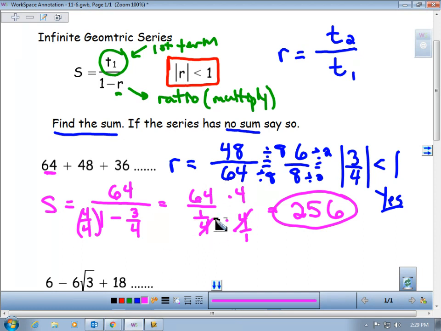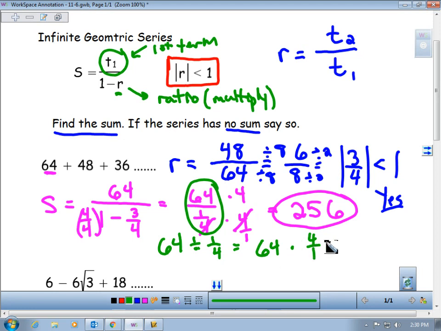Now, we talked the last couple classes about a different way to do this, because I know we got some complex fractions here. You can make that into a division problem. So 64 divided by 1/4. And then remember, when you divide by a fraction, you really multiply by the reciprocal, right?